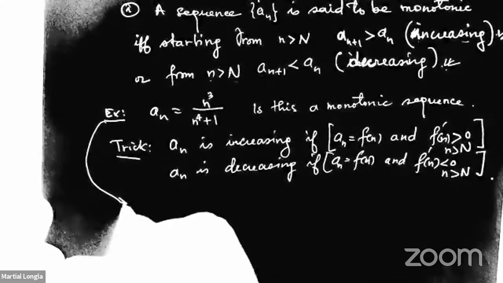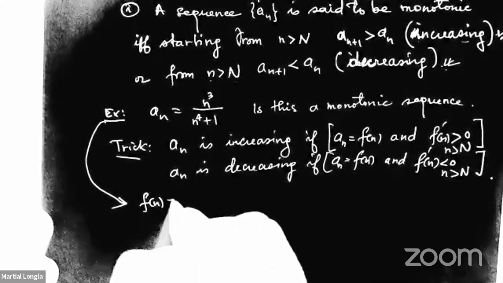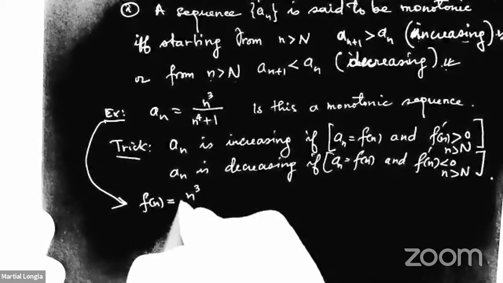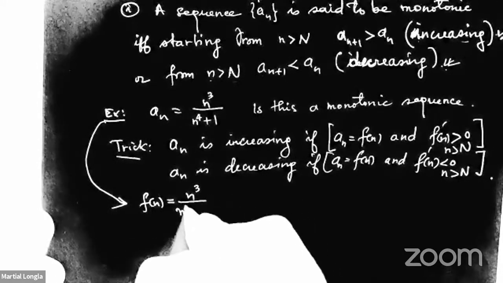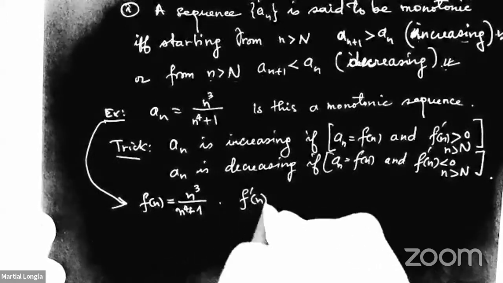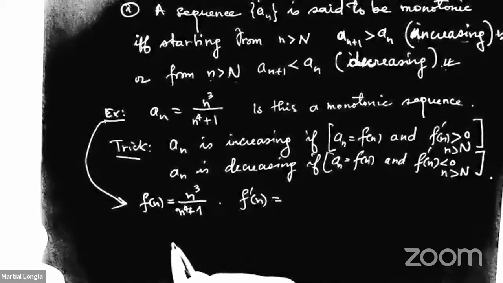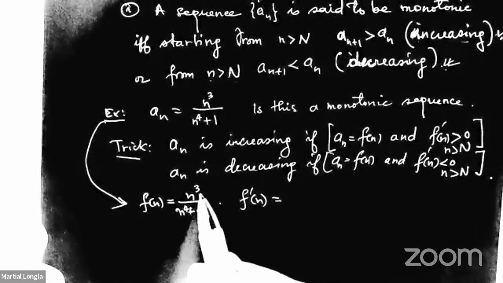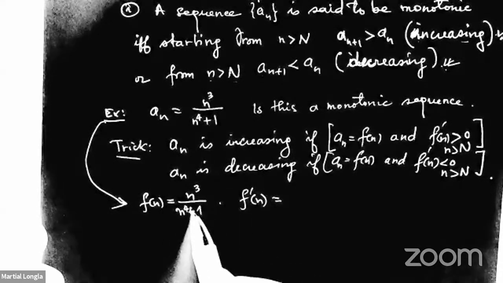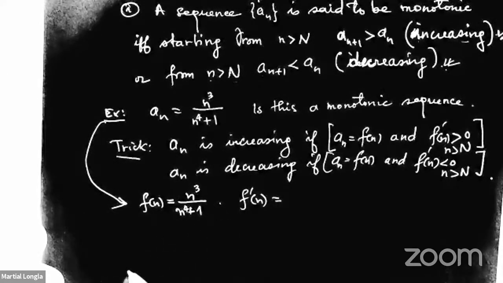To answer this question, I will say f of n is n cubed over n to the fourth plus 1, and I take the derivative of that function, f prime of n. This is a quotient rule: derivative of the top times the bottom minus derivative of the bottom times the top, over the square of the bottom, right?